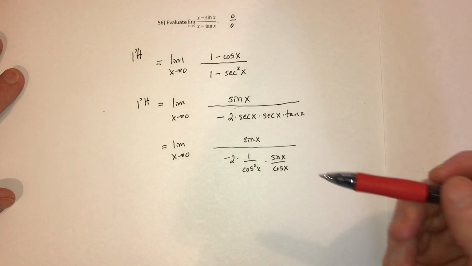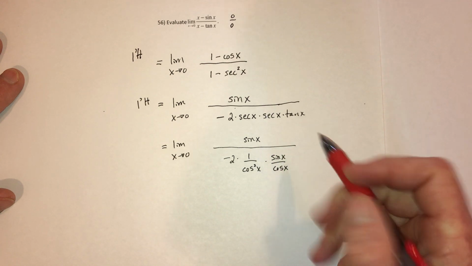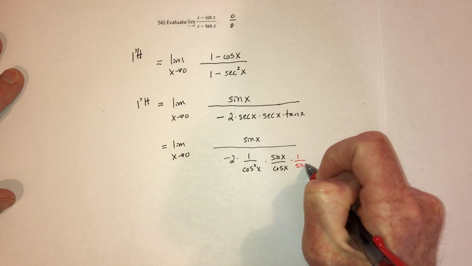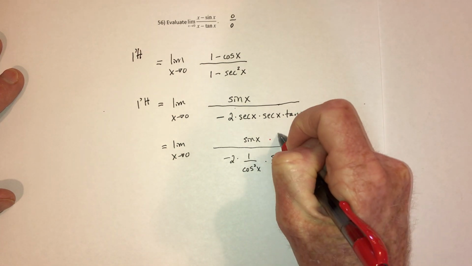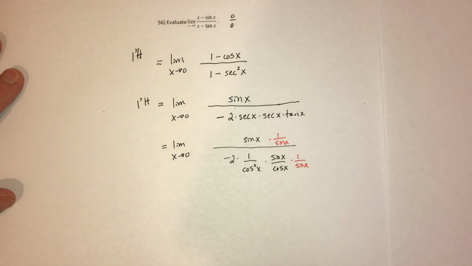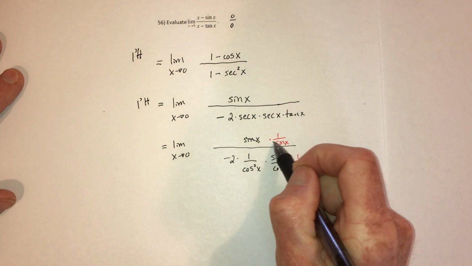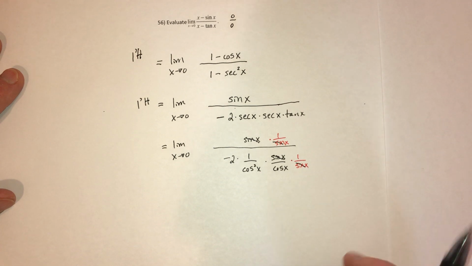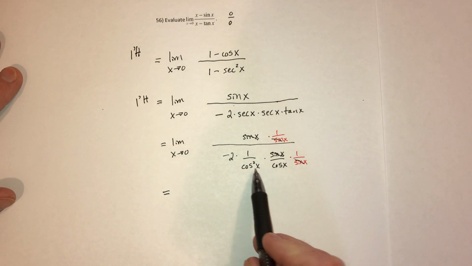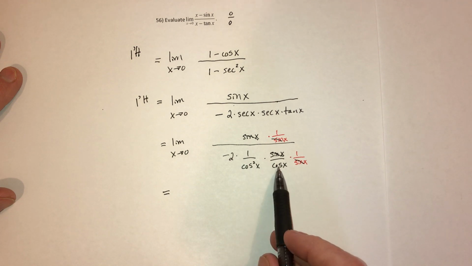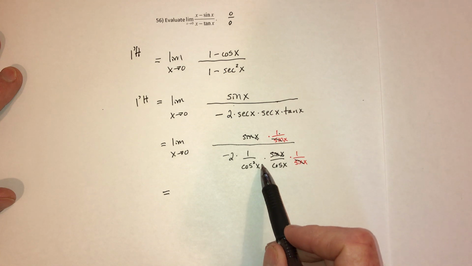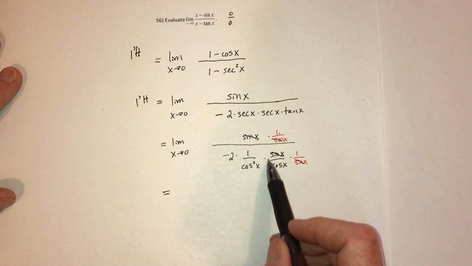And then one thing we could do is actually have these sines cancel, because you could multiply the bottom by 1 over sine x as long as you multiply the top by 1 over sine x. And then these will cancel, and these will cancel. And then this leaves 1 over cosine cubed. And because this in the numerator has a 1, and then you're dividing by 1 over, that means invert this fraction.